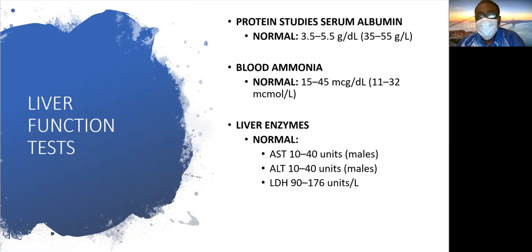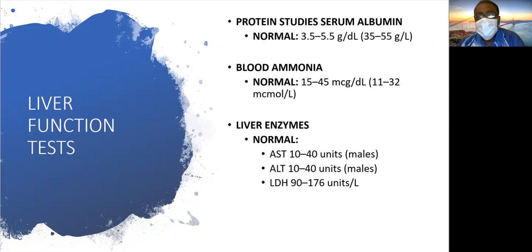We could also look out for liver enzymes, which are other tests we can carry out. With damaged liver cells, enzymes are released into the bloodstream, so you can look out for those enzymes. And we should also know what the normal values for these enzymes are, like your aspartate transaminase or your aspartate aminotransferase.